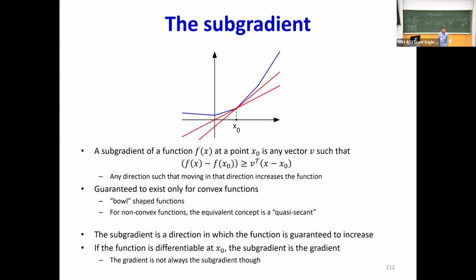When a function is not differentiable at a point, but is continuous, then you can use a different definition. You say delta y is greater than or equal to alpha delta x. And any alpha that satisfies this property can be used in the gradient descent rule, because you know that walking in the direction of that alpha is going to increase the function. So going against that alpha is going to decrease the function, right?